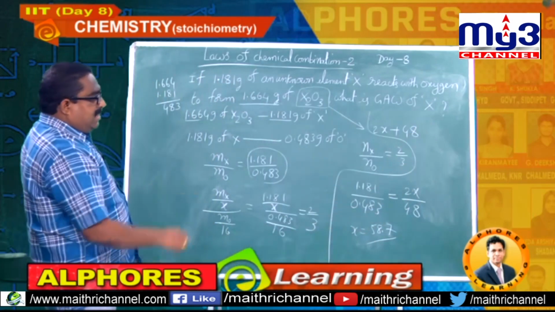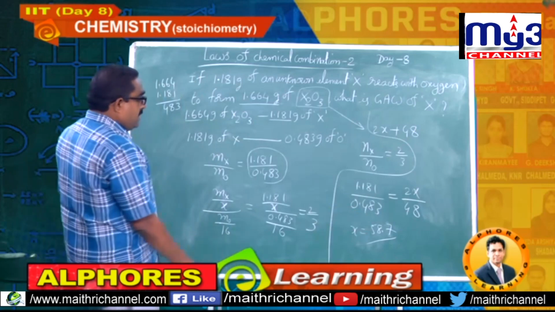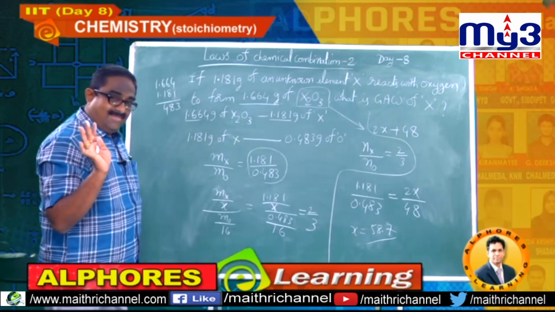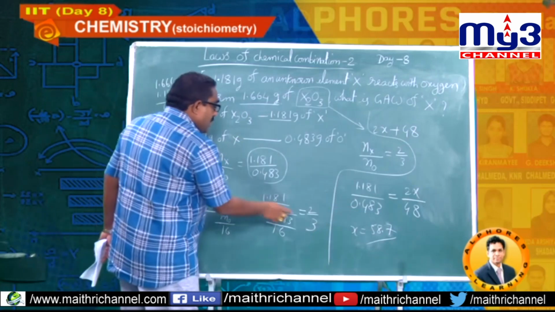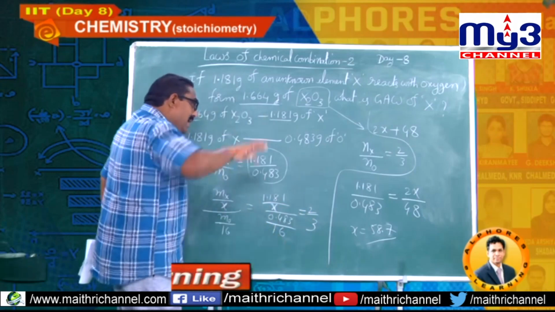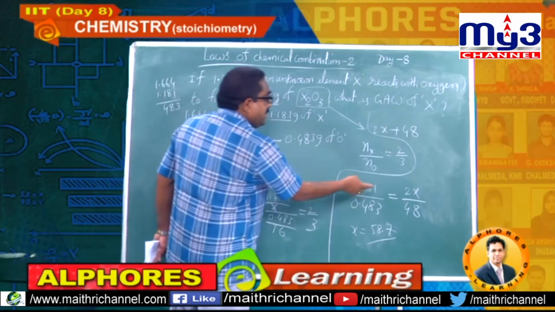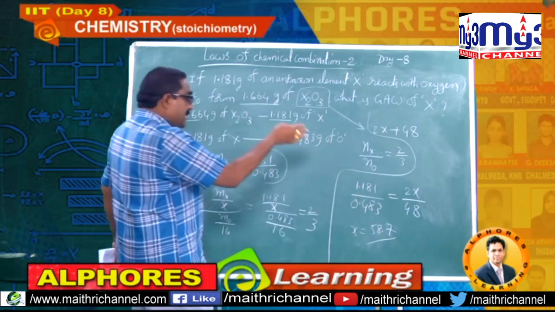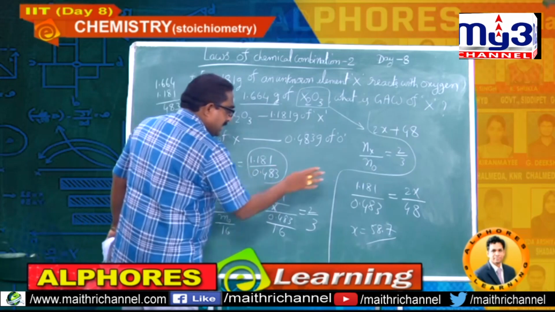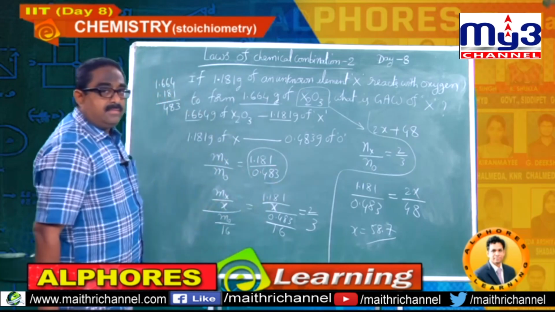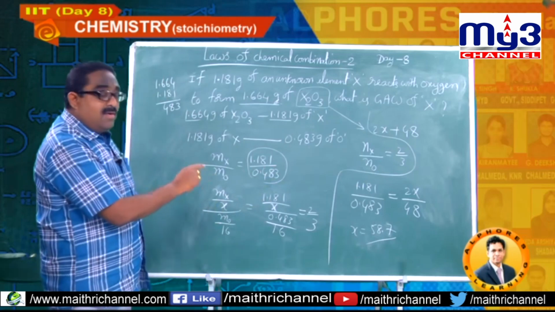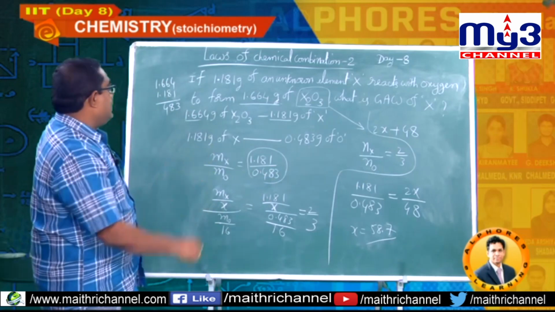Please check it out, the calculation, students. Okay. Here I have explained in two different ways. Moles ratio I have equated, or directly you can take it as mass ratio. In any way, whatever you are going to follow, you will get the same answer, no doubt. So X value finally you will get it as roughly 58.7, around that. Okay.